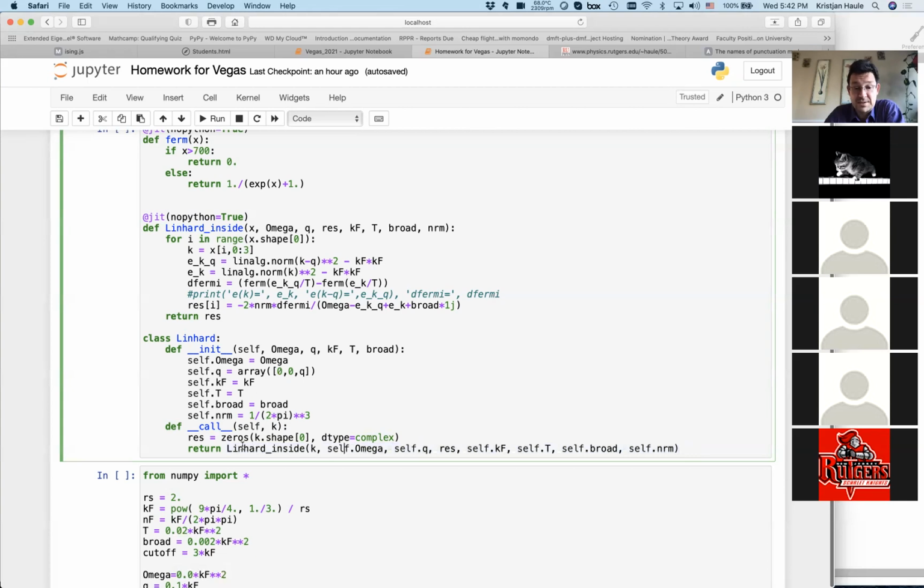But of course, this Slingheart inside needs lots of quantities which are being stored inside the class. So the class Slingheart contains all necessary information.